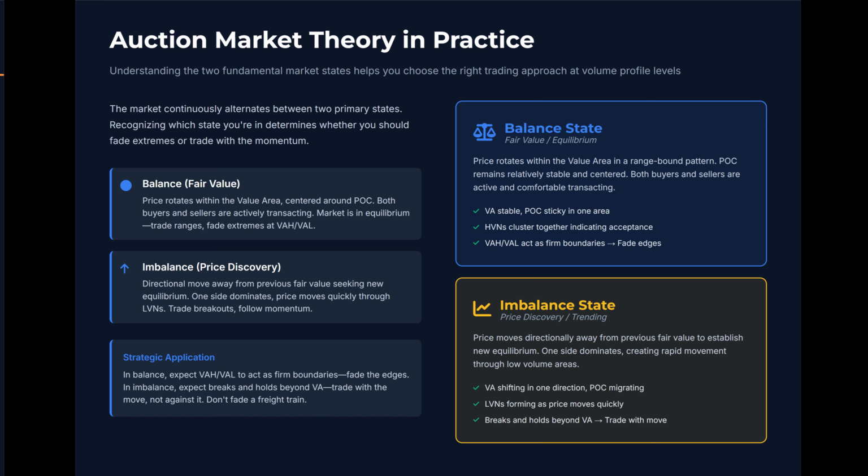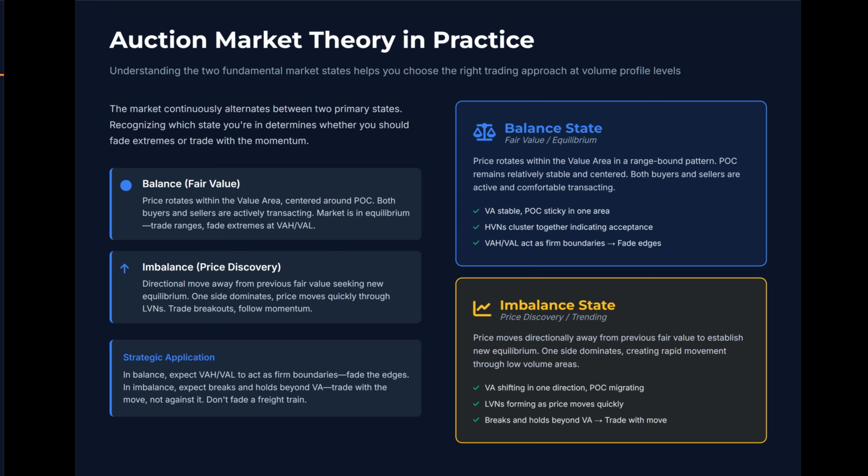I strongly encourage you to explore the core concepts yourself, backtest how these states appear in your specific markets and timeframes, and adapt the framework to fit your trading style and risk tolerance. The goal here is to give you a mental model that works, not a rigid rulebook.